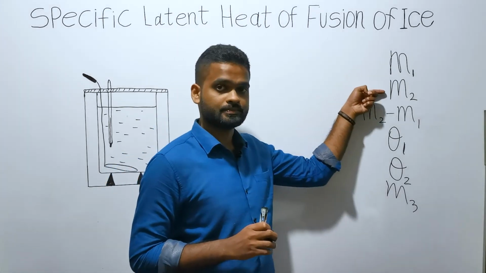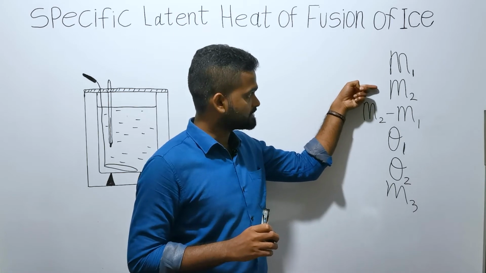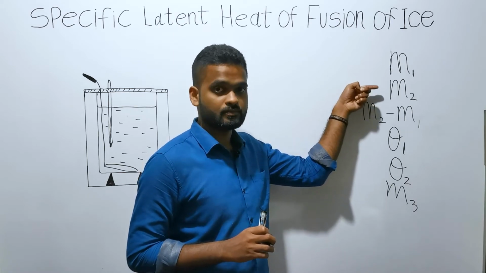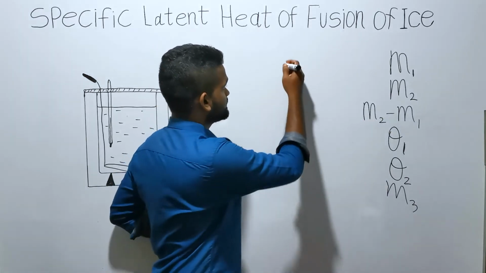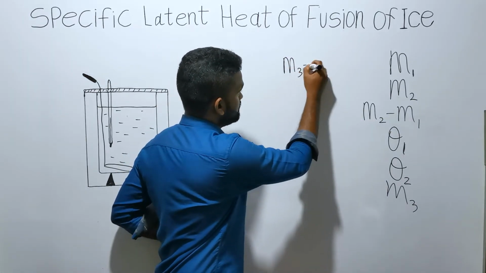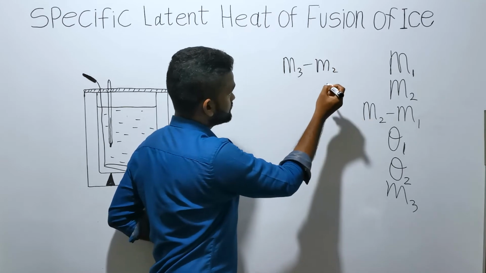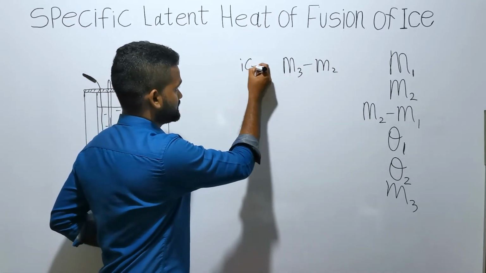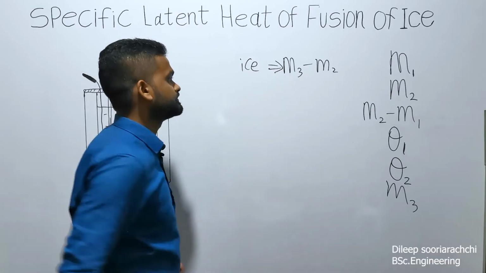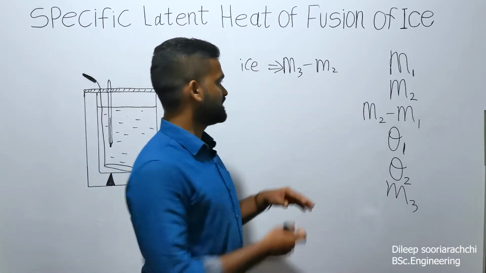M2 is the mass of calorimeter plus water. If you subtract these two values, M3 minus M2, this gives us the mass of ice.